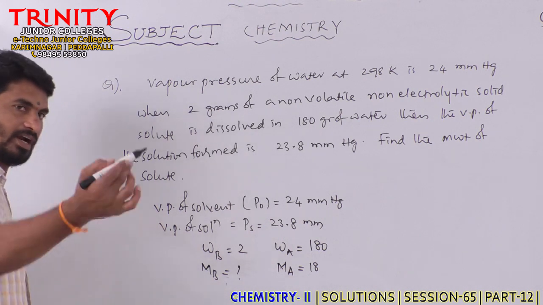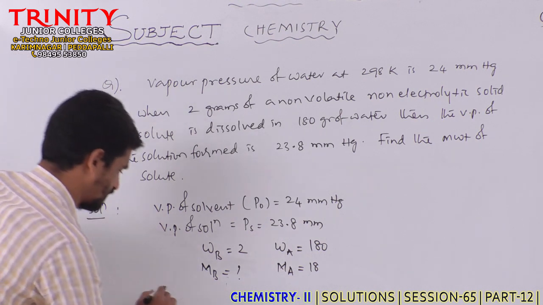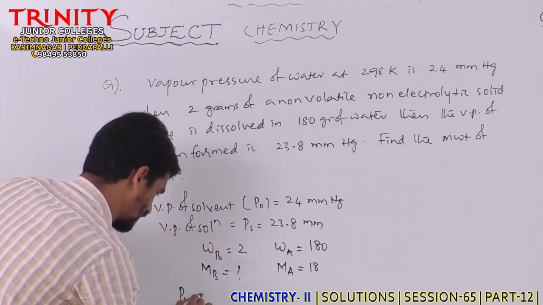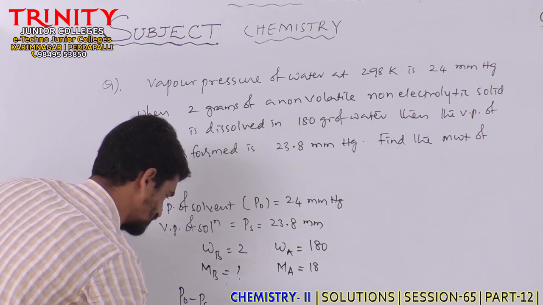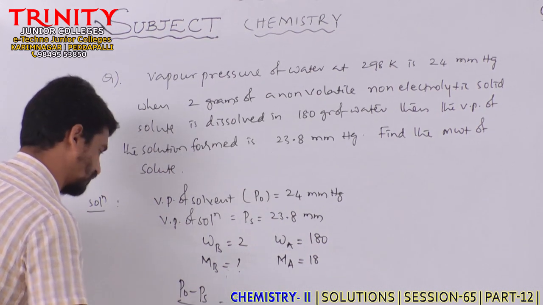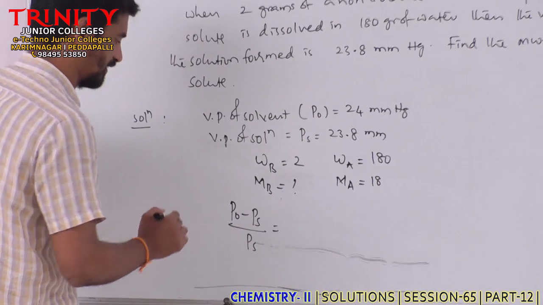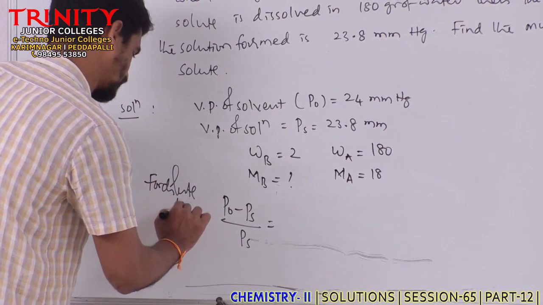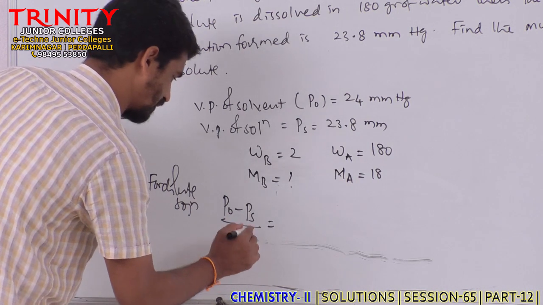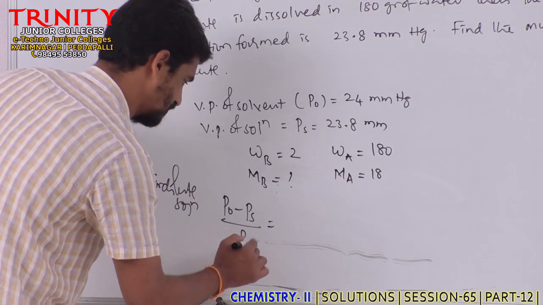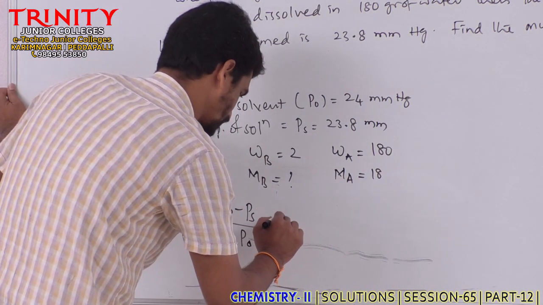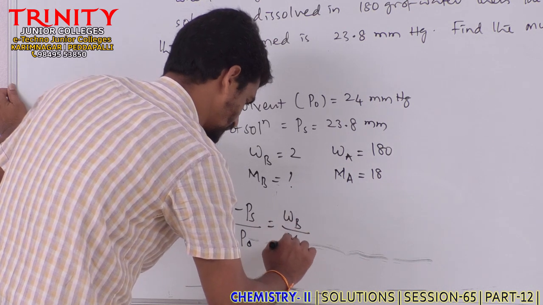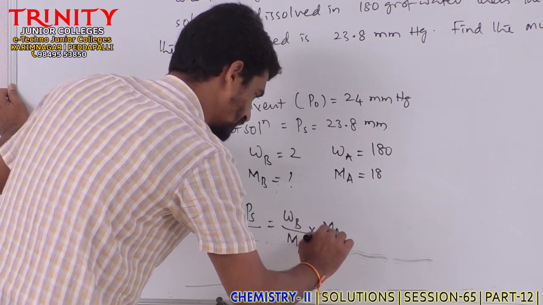Generally for any kind of solutions, the RLVP is related as: according to Raoult's law, for dilute solutions, RLVP, P naught minus Ps by P naught, equals the mole fraction of solute, that is WB by MB into MA by WA.